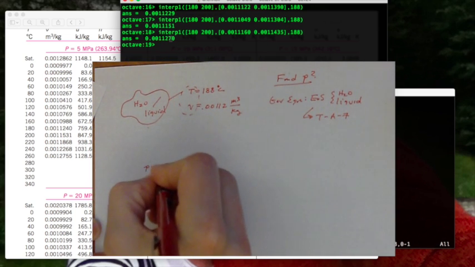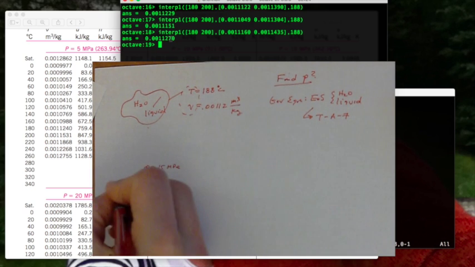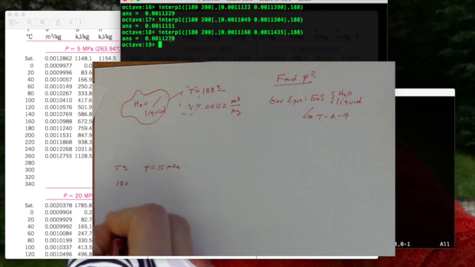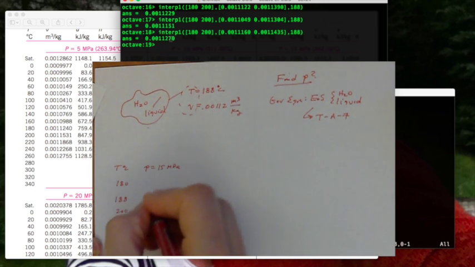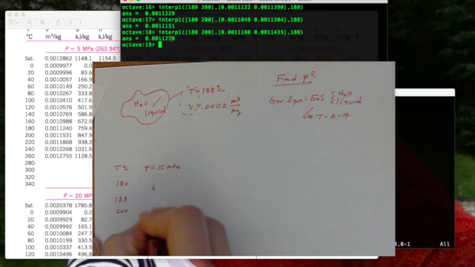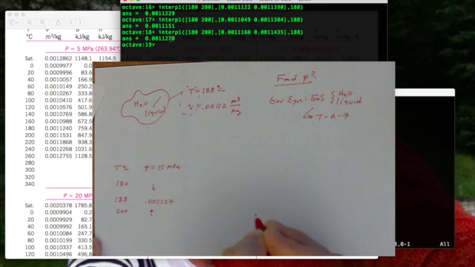At a pressure of 15 megapascals, between 180 degrees centigrade and 200, at our interested value of 188, when I interpolate between these two values, I'm going to get 0.001127.